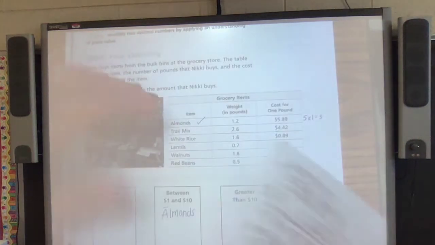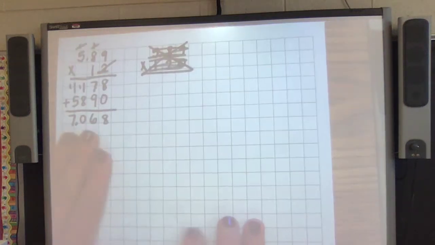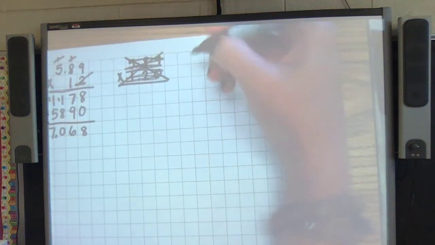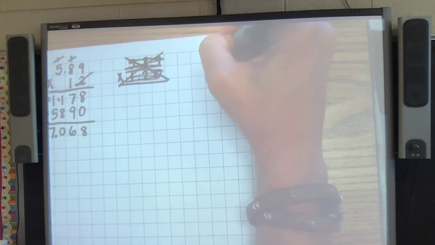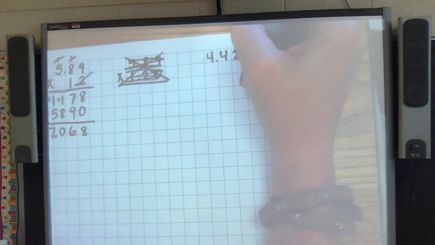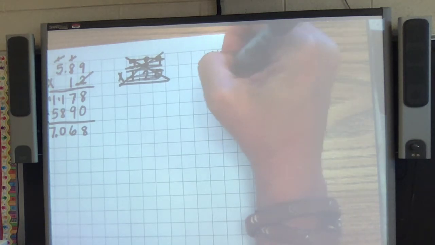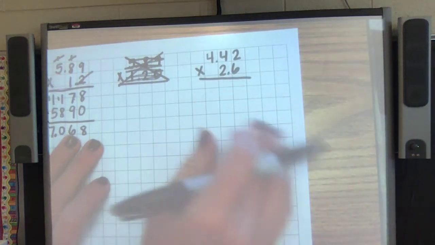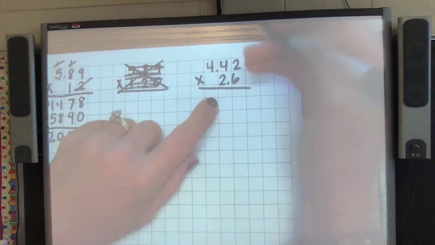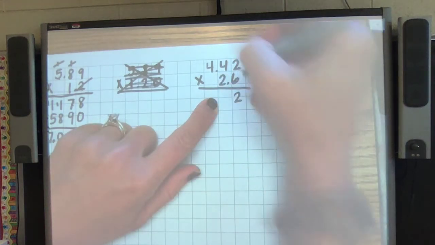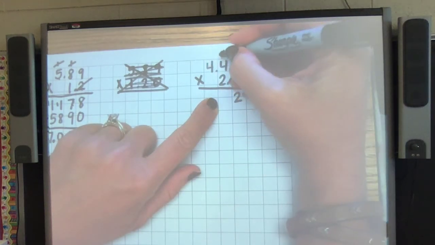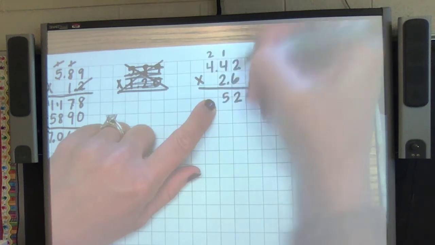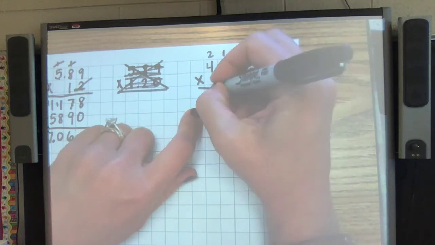So I'm going to come back over here, and I'm going to write those values down. I like to put the one with the most digits on top. $4.42, and we got 2 6/10 pounds. All right? Good. I know 6 times 2 is 12. I know 6 times 4 is 24, plus 1 is 25. 6 times 4 is 24, 25, 26.